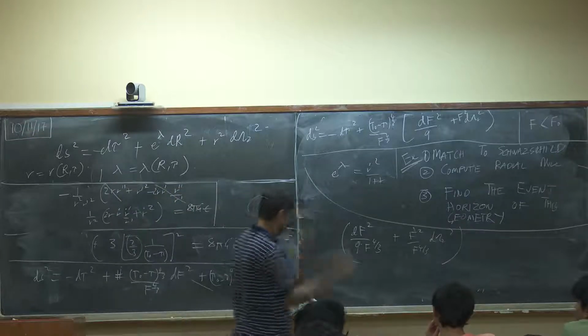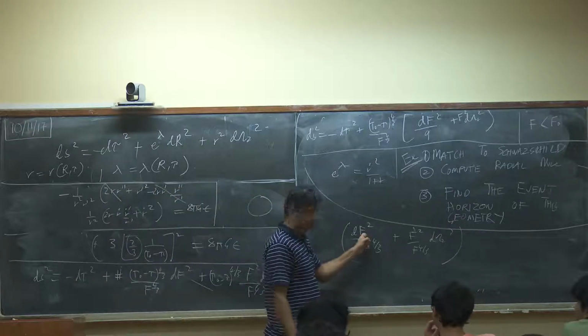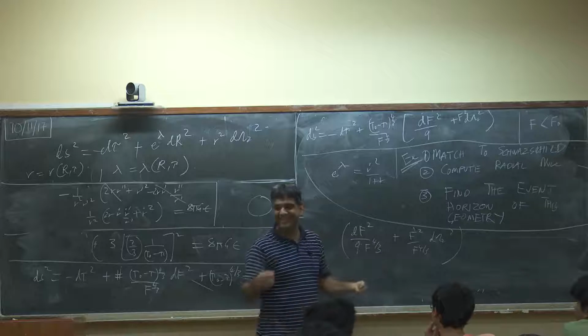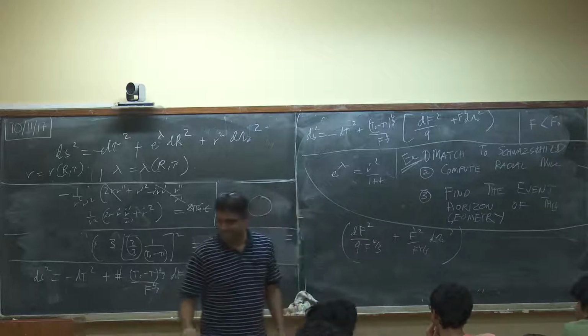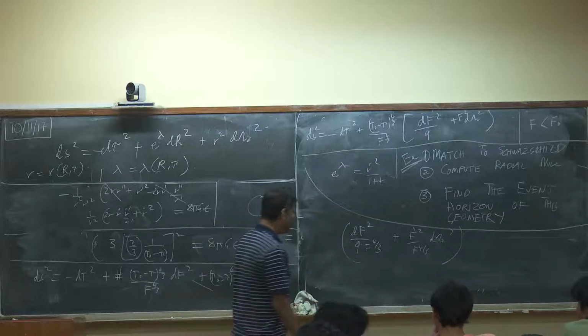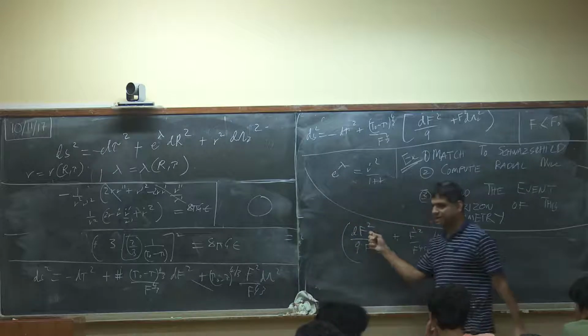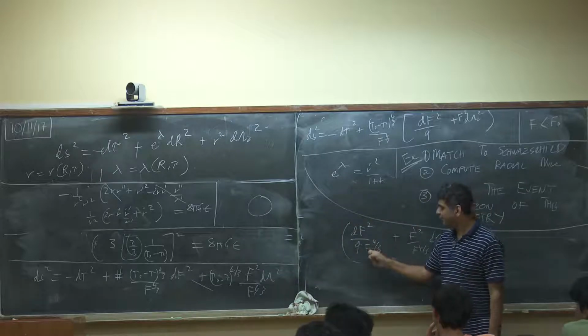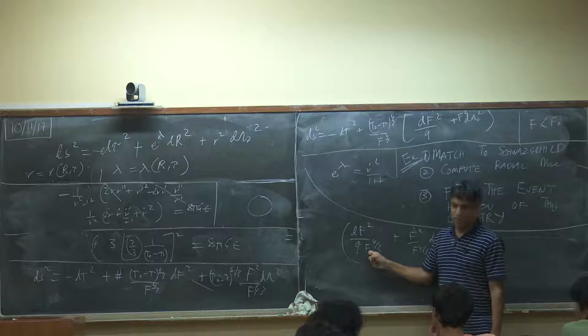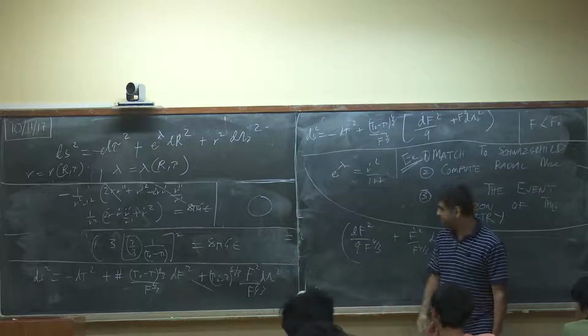Now, what I want to do is to turn this into d alpha squared. So clearly the kind of coordinate change I want to make is df divided by f to the power 2/3 is d alpha.